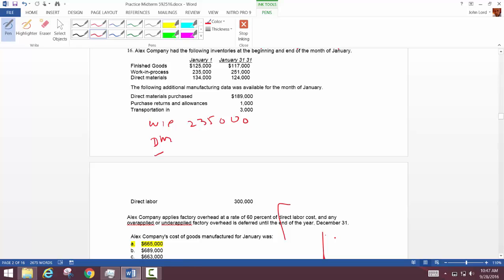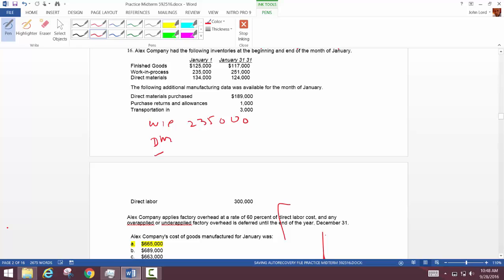Raw material has a beginning balance of 134,000 and an ending balance of 124,000, right? I'm going to figure out the subtract to raw materials, because that subtract is going to go to my work in progress. We're calling it raw materials, but it's really direct materials that we're analyzing, because raw materials could be indirect materials as well.